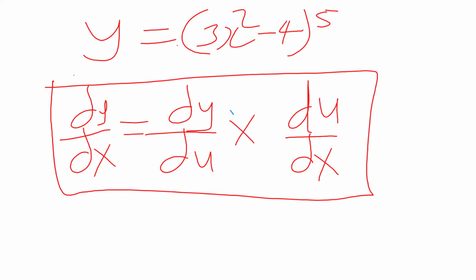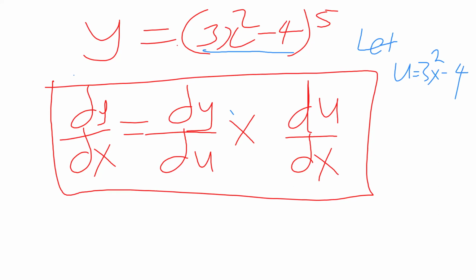Okay. I've told you that as long as the power is not equal to 1, you use the chain rule. So now, the first step that you are supposed to do, step number 1, is to name the expression in the parentheses as u. So you say, let u equal to what? 3x^2 - 4. Is that clear?